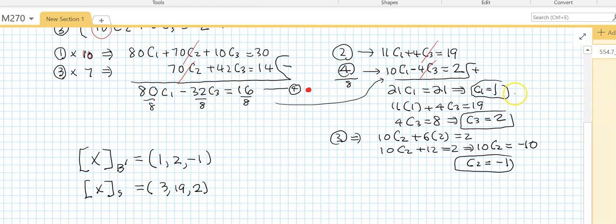Oh, wait a minute. C1 is 1. Oh, C2 is negative 1. So sorry, the C2 is negative. I switched this by accident. Okay. So 1 and negative 1 and 2.